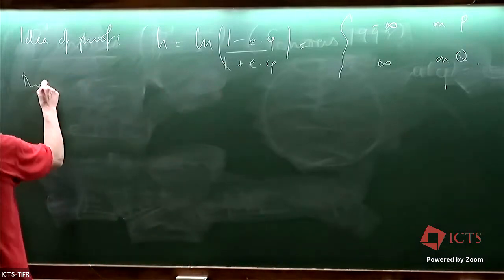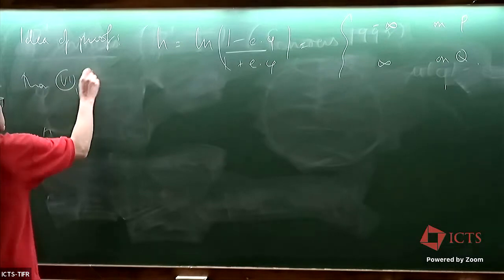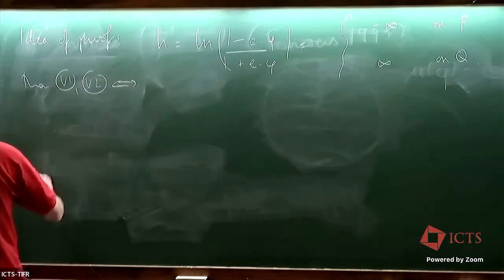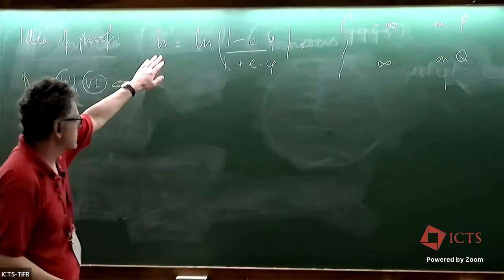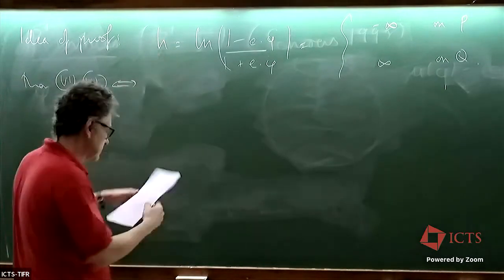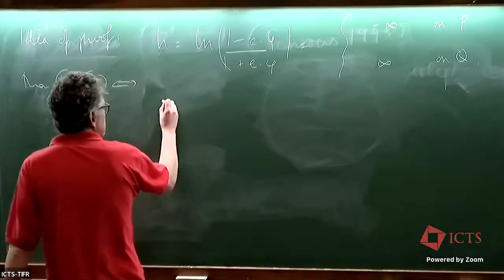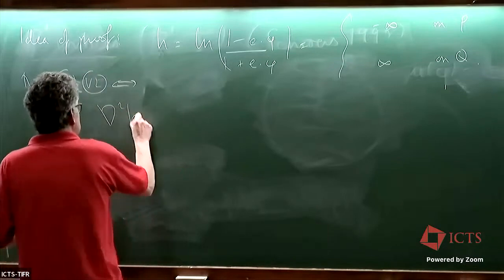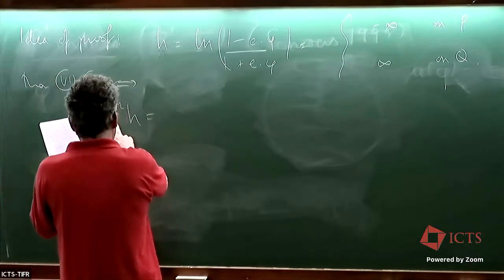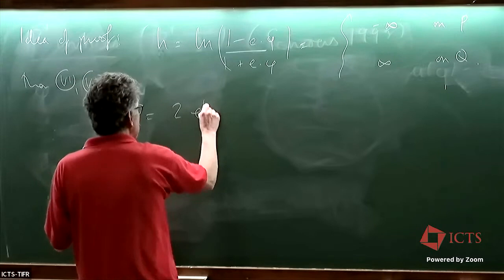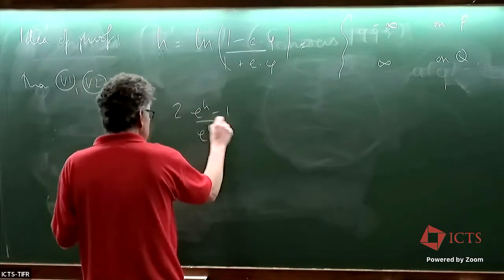Then it turns out that just as Taubes could reformulate V1 and V2 in terms of a PDE for his H, something similar happens here. And the PDE looks like this. So the Laplacian of H equals 2 times (e to the H minus 1) over (e to the H plus 1).